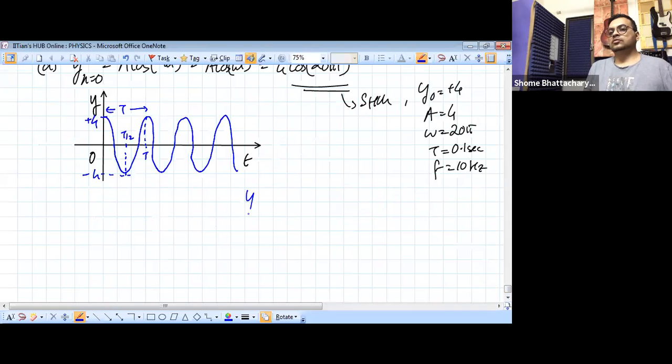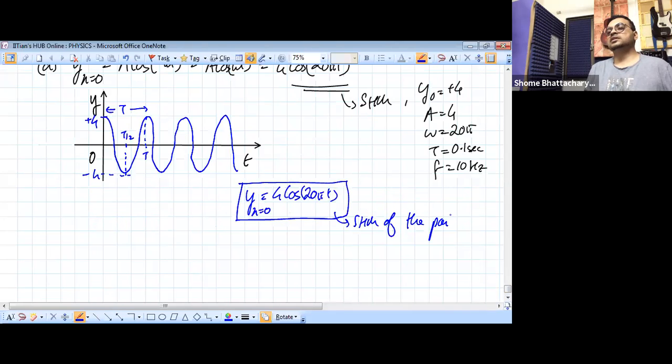So y equal to 4 cos 20 pi t. This becomes the equation of SHM for the particle located at x equal to 0. This is SHM of the particle at x equal to 0. But the SHM is of course happening along the y-axis.